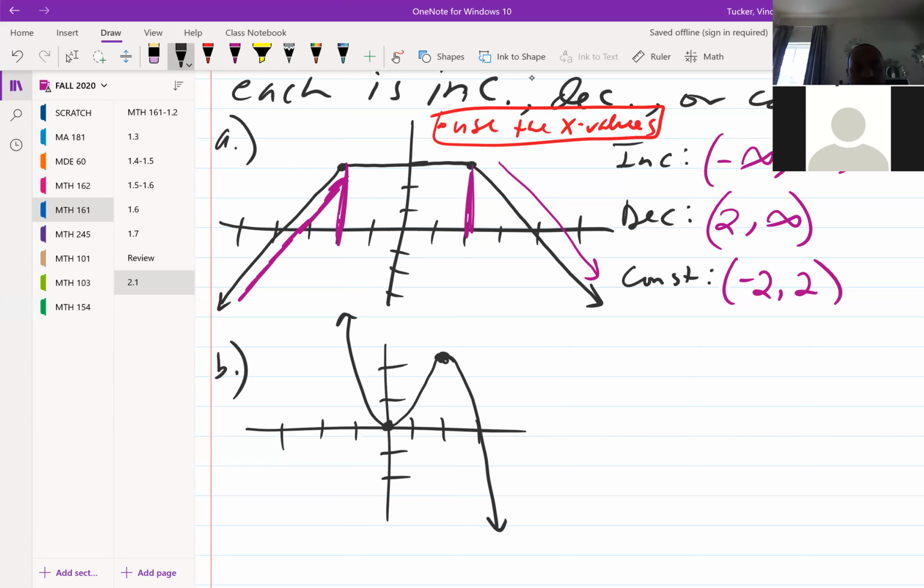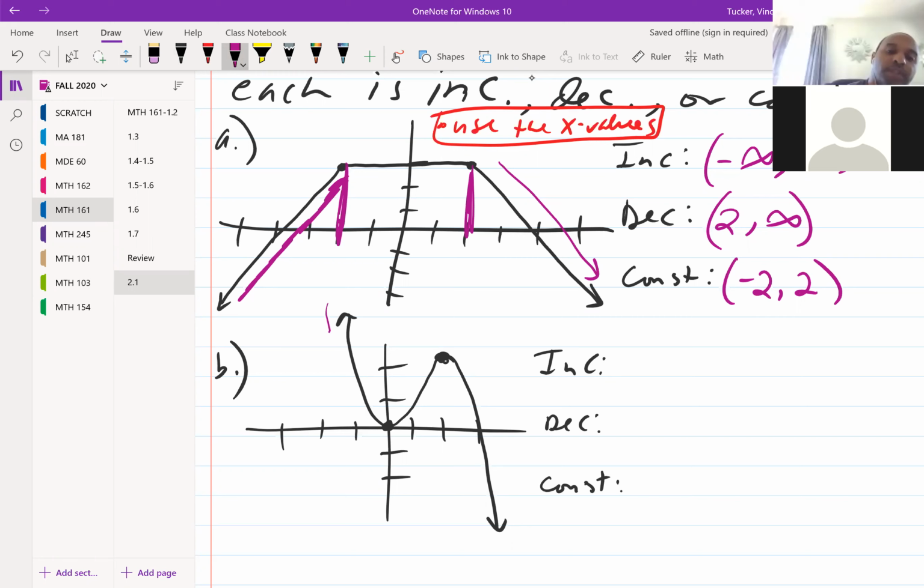All right, so we'll look at this next one. Once again, we want to know, is it increasing, decreasing, or constant? Our first interval comes from negative infinity to 0, and it's going down. So that's decreasing.